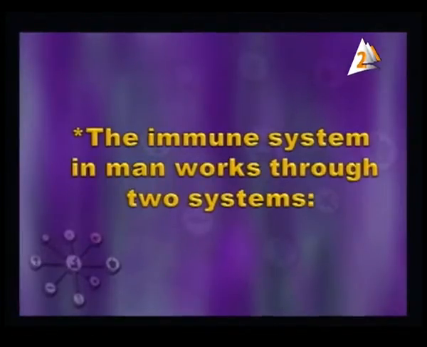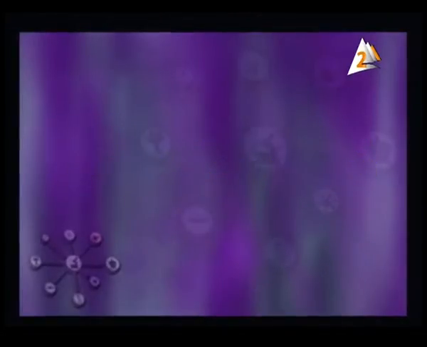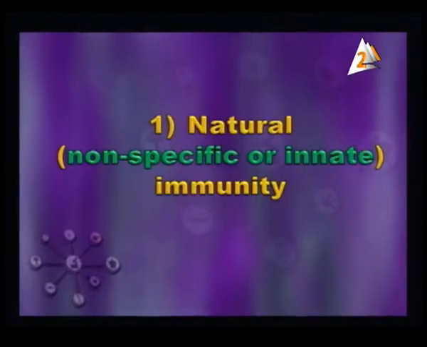The immune system in man works through two systems. The first one, which we are born with, is natural immunity, also called non-specific or innate immunity. Non-specific immunity has no specific antigen or special pathogen it works on.